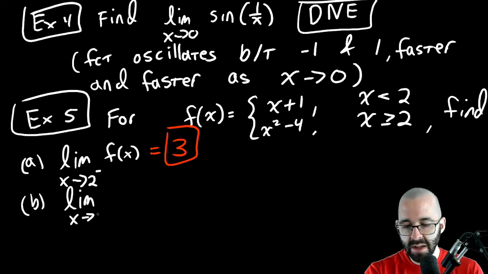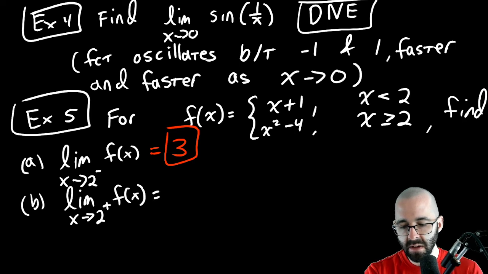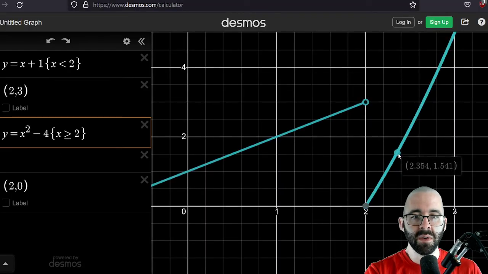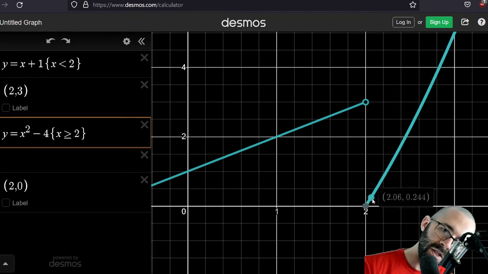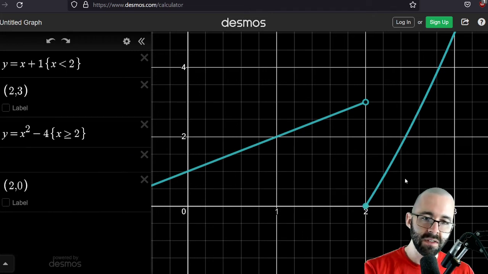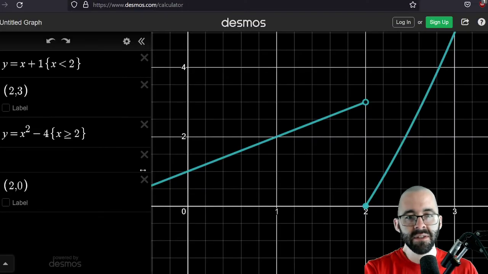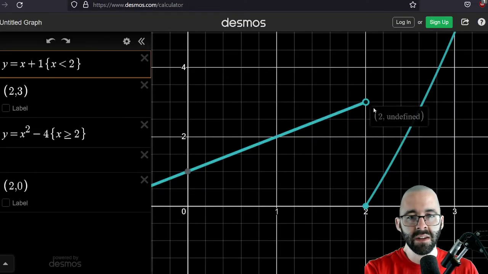And we can also look at the limit as x approaches 2 from the right. Now, to the right of 2, we're on this piece, the quadratic piece. What's the function doing to the right? It's approaching 0. So from the left, this function approaches 3.